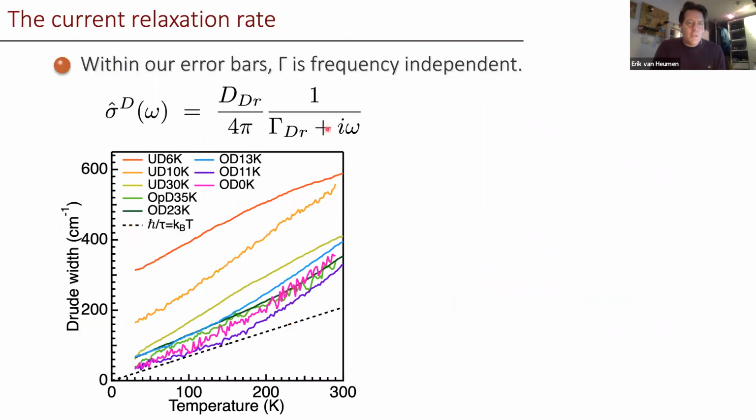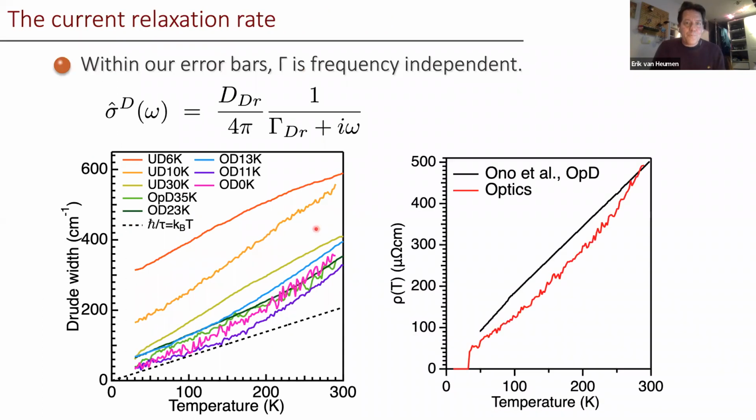We can also extract the scattering rate. That's plotted here, and it changes with doping. The most overdoped samples have the smallest Drude width. As doping decreases, the scattering rate goes up, and it follows more or less a linear temperature dependence.